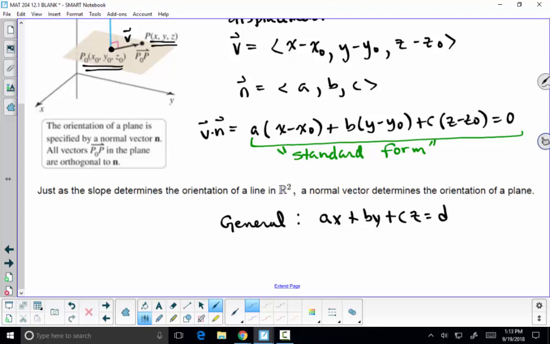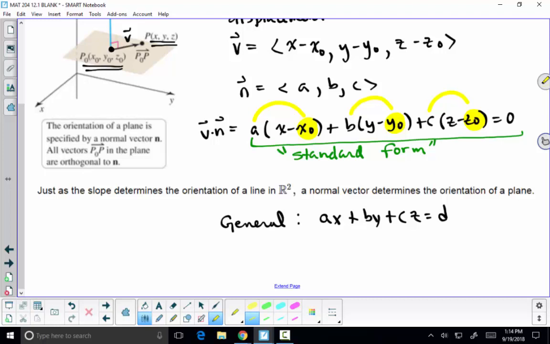Now notice, when we look at this standard form, notice where the constants are. x naught is a constant, y naught is a constant, z naught is a constant, and then a is multiplied to x naught, b multiplied to that, c multiplied by that. All those three quantities add up and move to the other side. That's what becomes d.